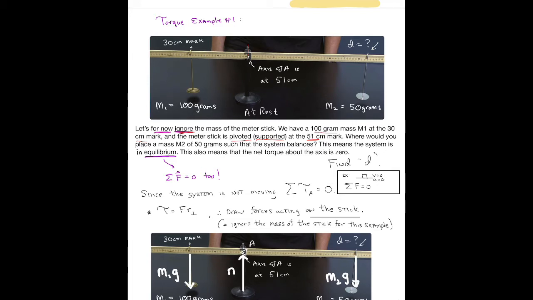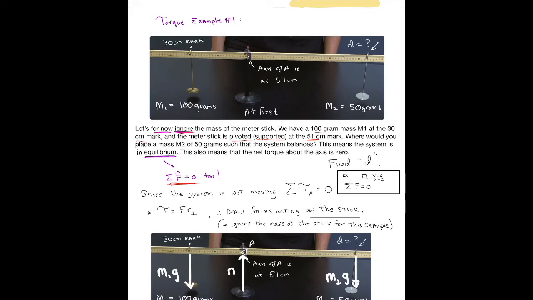For the system to balance, it has to be in equilibrium. I think we used that term earlier when we did Newton's second law. Equilibrium means that the net force is 0. We're also going to see that equilibrium means that the net torque about some axis is 0.